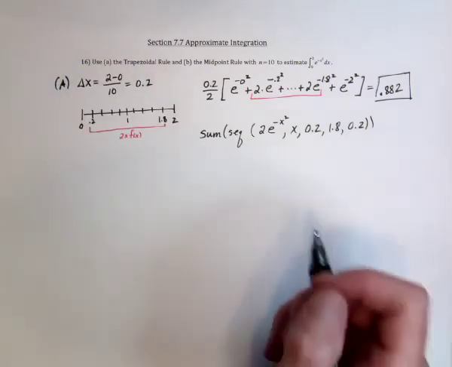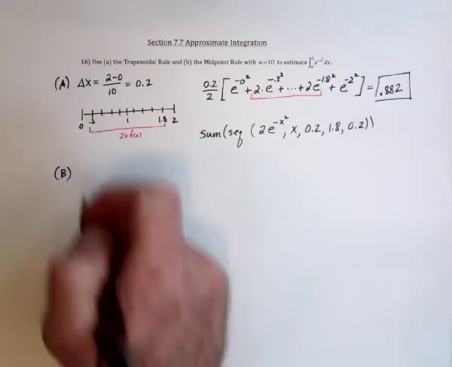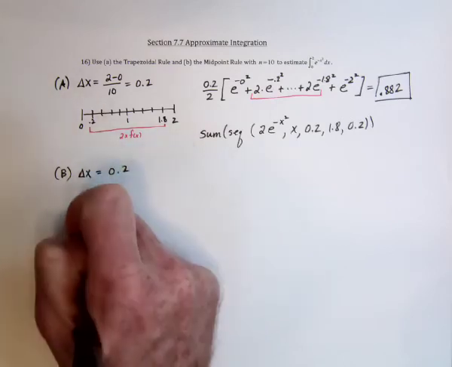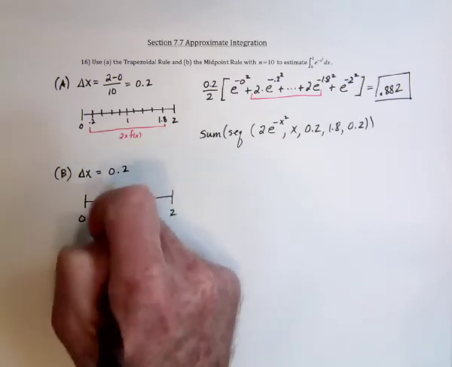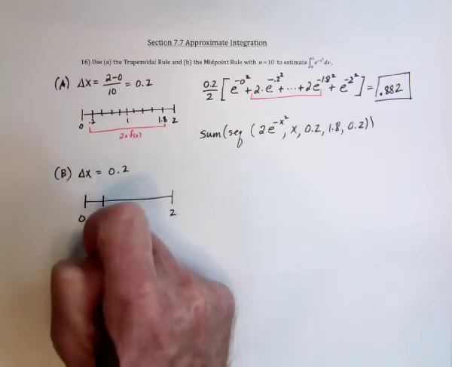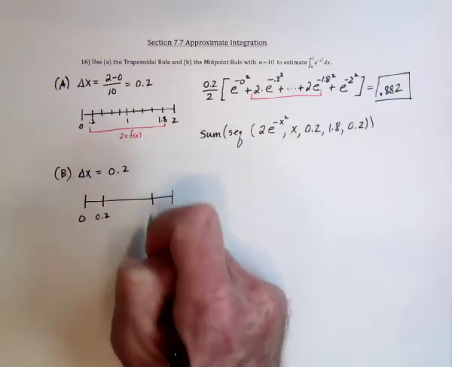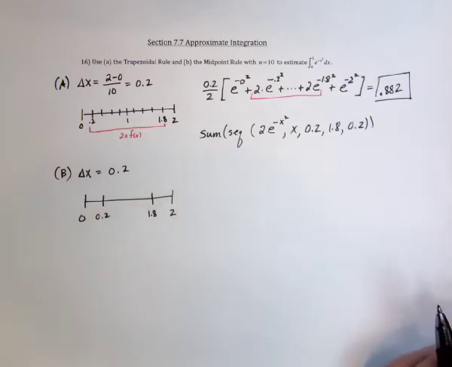Part B, the midpoint rule, the work is almost the same. So you start with delta x is still 0.2. You would look at the interval from 0 to 2 and say, well, the first interval is going to go from 0 to 0.2. The last interval is going to go from 1.8 to 2.0.